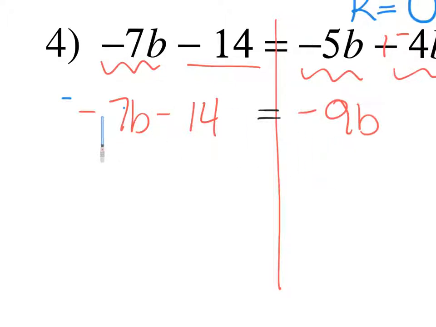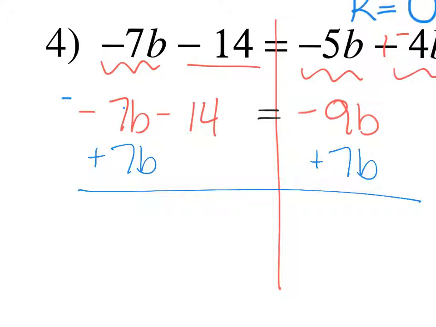And I am going to move my negative 7b to the right-hand side. So I'm going to add 7b there. That cancels. I'm left with negative 14 equals negative 9 plus 7. I have more negatives than I do positives, so my answer is going to be negative. And 9 is greater than 7 by 2, so it's going to be negative 2b equals negative 14.